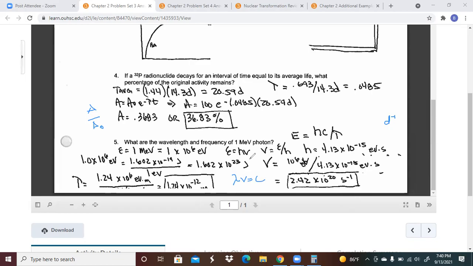Sorry, drawings are really bad. This was key in order for us to be able to figure out what the frequency is. We've got that. Now that we have the frequency, we know what the speed of light is. We basically divide both sides here by the frequency, and we end up with a wavelength.